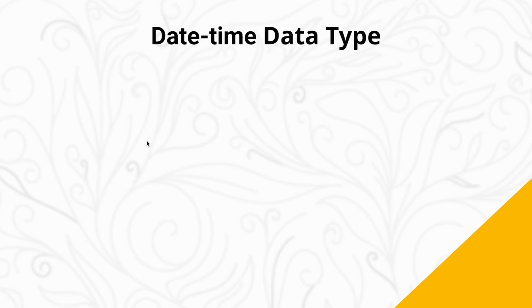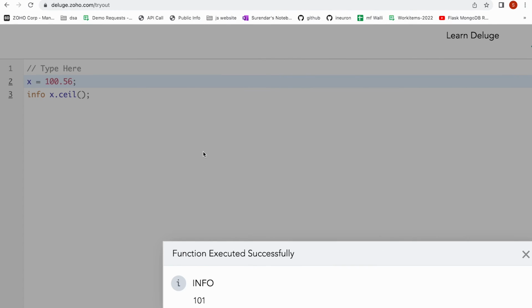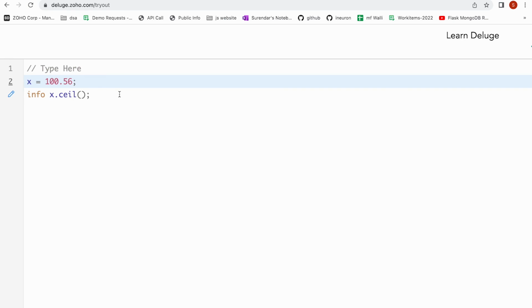And then comes the date time data types. This date time data type is intended to represent date time values. For example, let us say we have an appointment today. I'll say appointment equal to, and when it comes to date time, it has to be enclosed within single quotes and not double quotes.